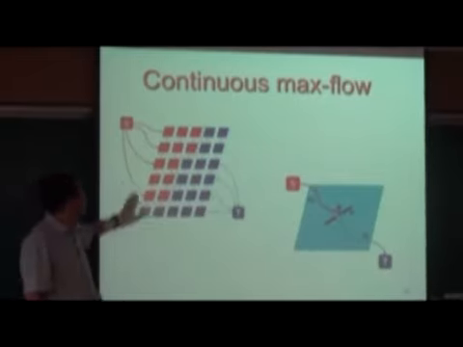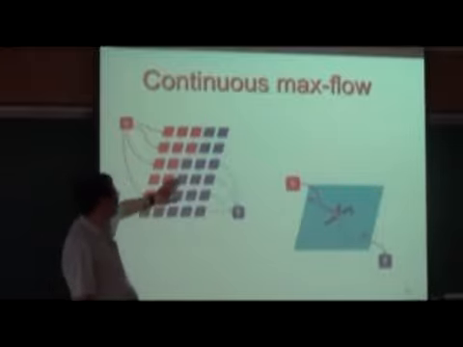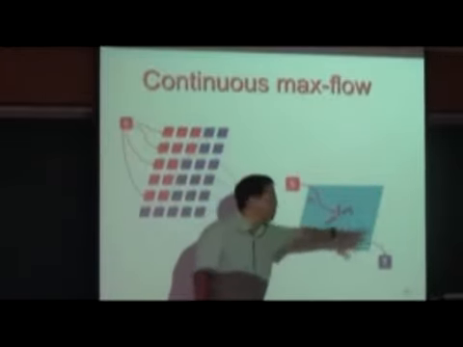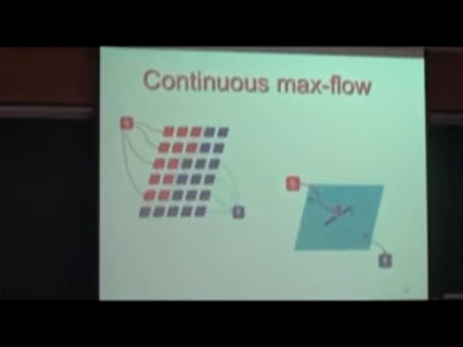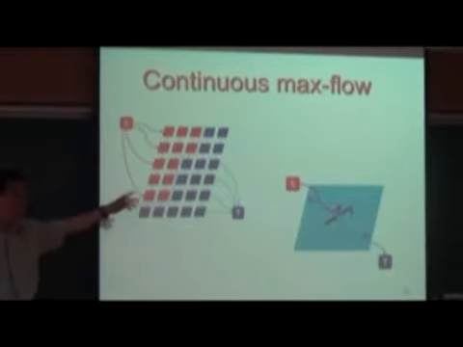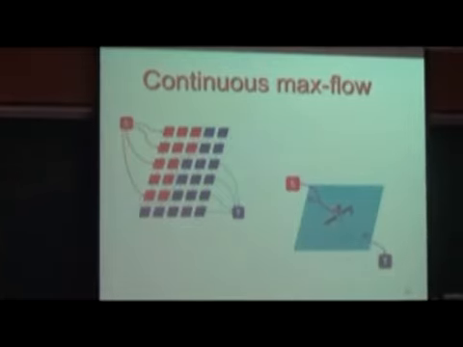Recently, we don't want a graph. We want a continuous region, with a max flow problem over the continuous region. You get rid of the graphs, and that's something very new. So I'm going to talk about that. This is very fast and very stable.